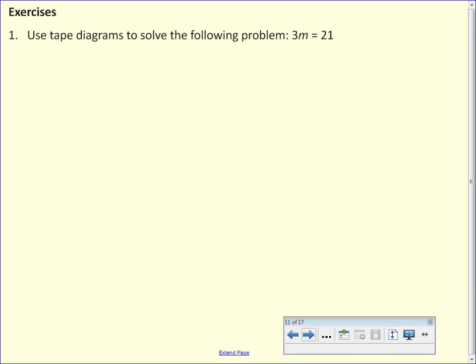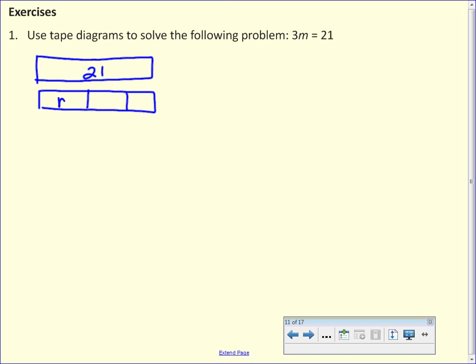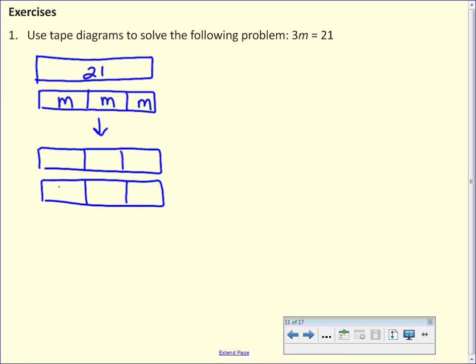All right, I want you to try to draw a tape diagram for this one on your own, and then we'll go over it. Okay, 3m equals 21. So first let's show what we have. So I have 21 and 3 m's. The boxes should try to be the same size. Now I'm going to take my 21 and separate it into 3 boxes so that it's equal with the m's.